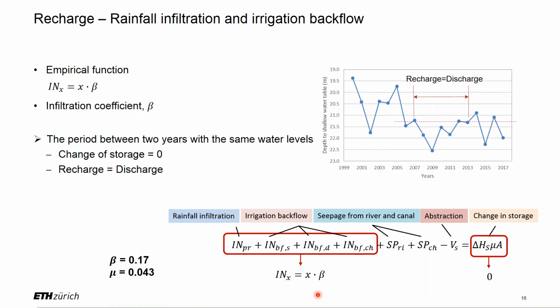Then we can calculate the infiltration coefficient of Guantao County. It is 0.17. And with this parameter, we can calibrate our model against the observed water level to get the value of the specific yield, which is 0.043 in Guantao County.